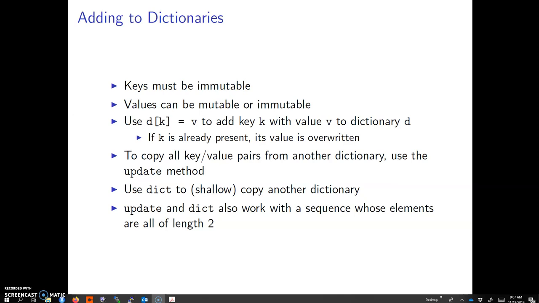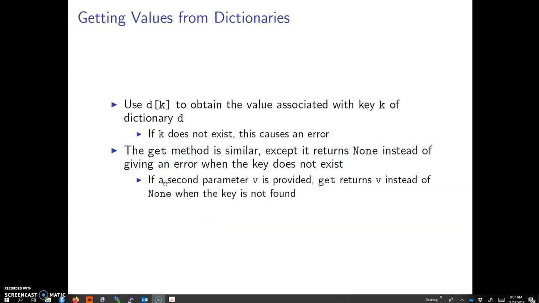That's often a very good idea so that you don't lose prior versions. Update and dict also work with a sequence whose elements are all of length 2. I'll talk about that later. I'm not sure we need to get to that. Okay, but let's focus on the stuff that really matters here.